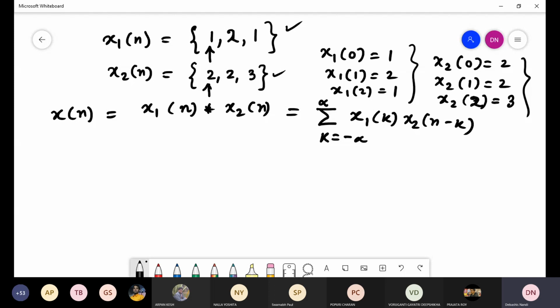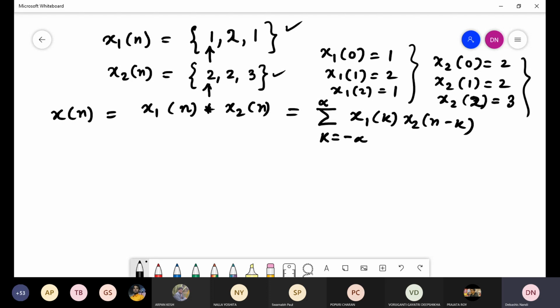And you see, if n is less than 0, then the signal value is not given, meaning the signal values are 0 for n less than 0. And for n greater than 2, again the signal values are not given, so the signal values are 0. We will assume that.